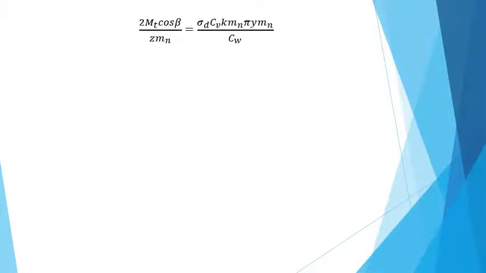So now equating equations 5 and 6, what we get is 2 mt cos beta over z mn will be equal to sigma d Cv into K into mn into pi y mn divided by Cw. So this is nothing but 2 mt cos beta into Cw will be equal to sigma d Cv into K into pi y mn square, and again here one mn is there, so it will become mn cube into z.